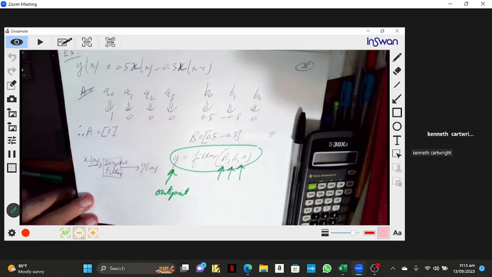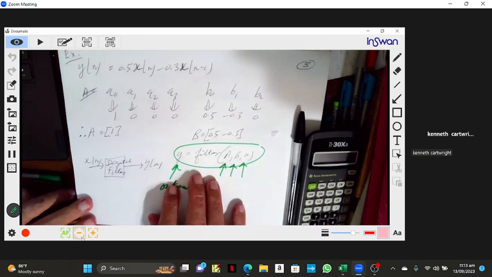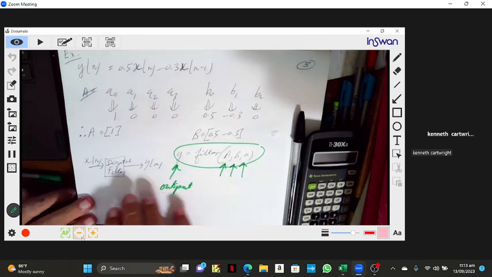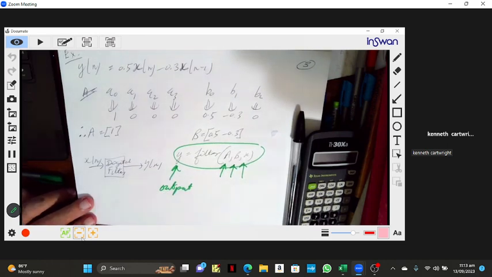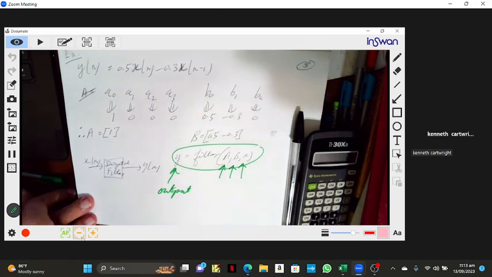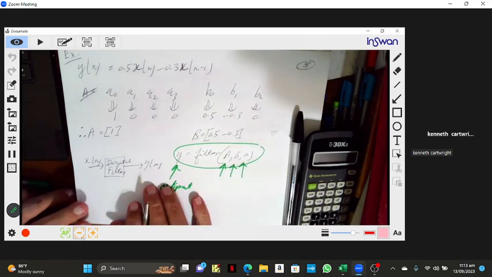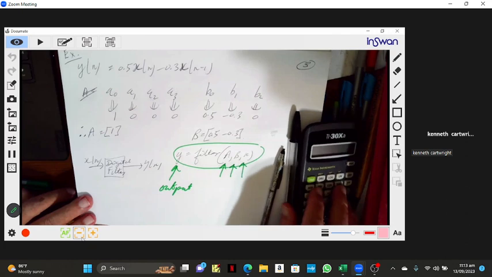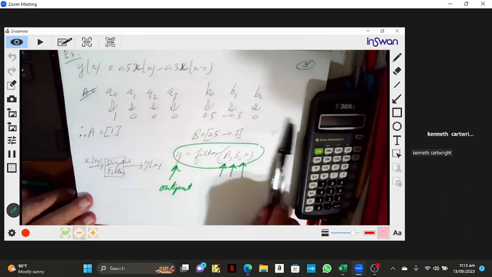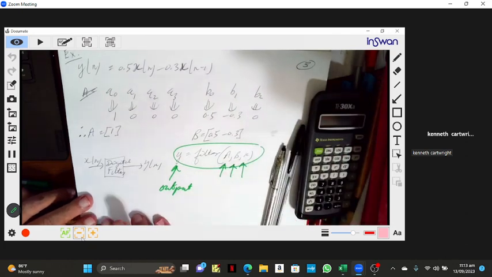All right? That's the first question. What kind of filter is this? I don't mean high pass, low pass. I don't mean that kind of filter. I told you there were two different kinds of digital filters. I told you that last class.